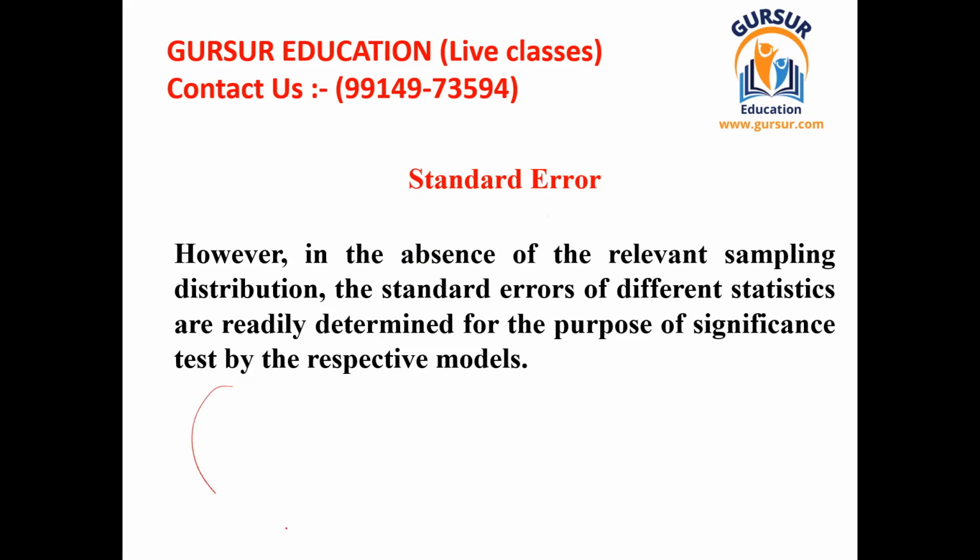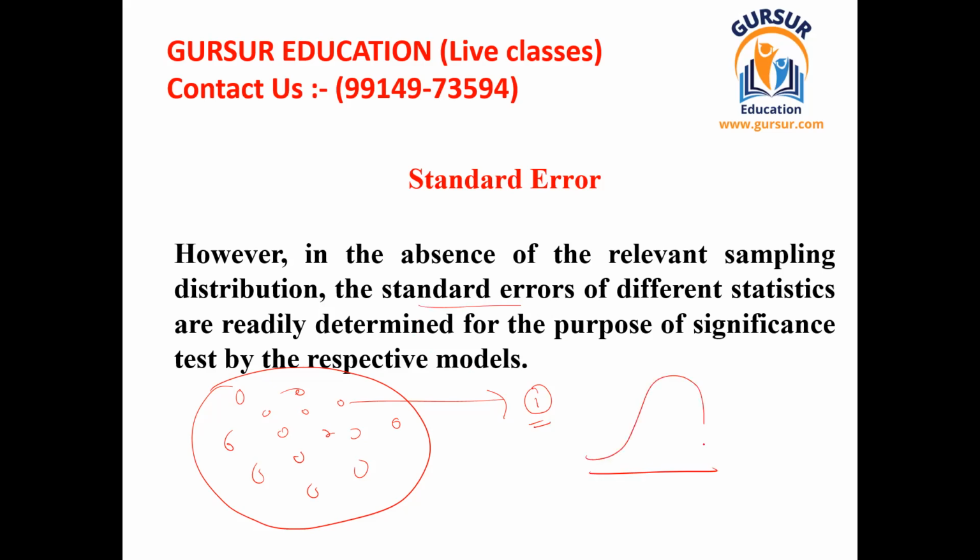If we have taken 10 samples, and if we try to find the standard deviation of each one, and finally we get only one value of a standard error, this will be known as the standard error of your sample distribution.